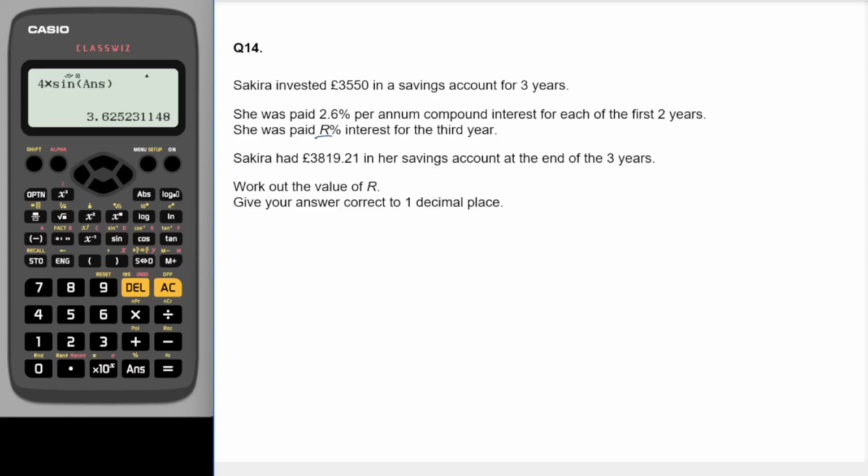Right, I'm going to replace this with x for now, and I'll fully explain why. So I'm going to treat it as a multiplier and then convert it back into an interest.